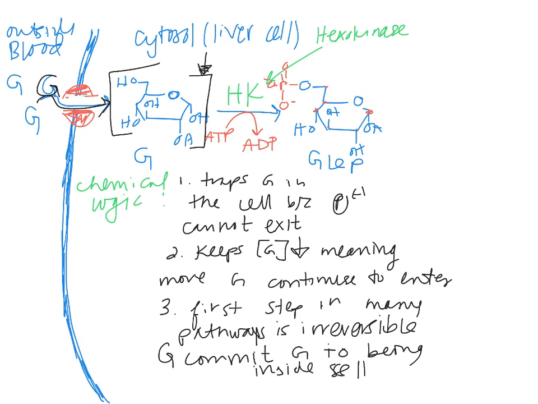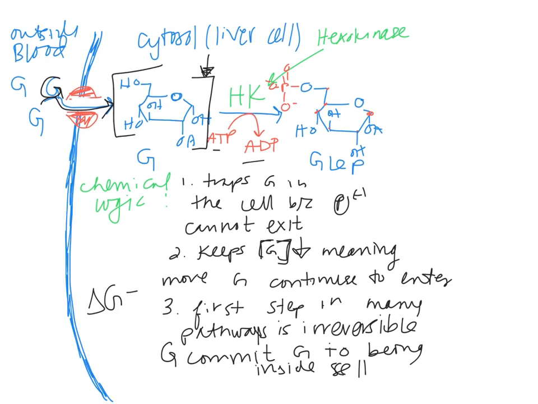Okay, so this is the first irreversible reaction, which means its delta G is negative, and the reason it's negative is because we have ATP hydrolysis. What this does is it keeps the concentration of glucose low, so more glucose keeps coming into the cell, and glucose 6-phosphate is trapped inside the cell and cannot leave.